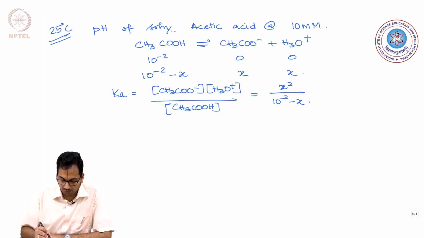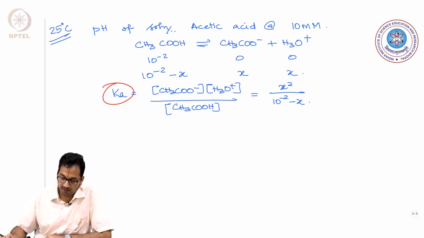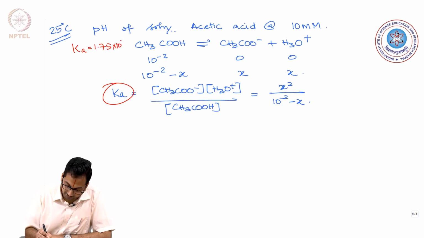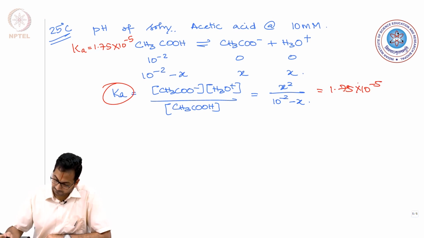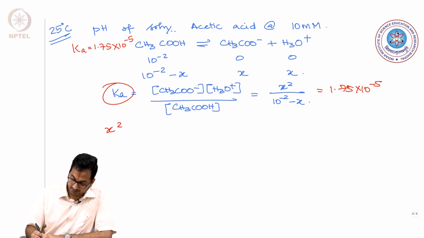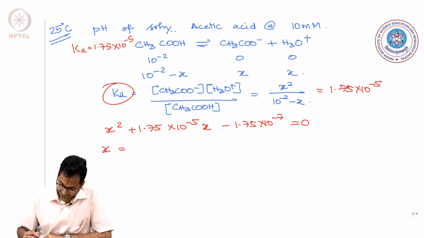So now if we know the Ka of acetic acid, we should be able to determine what is indeed the pH. So let us quickly calculate that. It is given that Ka of acetic acid is 1.75 into 10 to the power of minus 5 units. So this is going to be equal to 1.75. Okay. So now that is done, let us determine what is x. Quick rearranging gives us x.